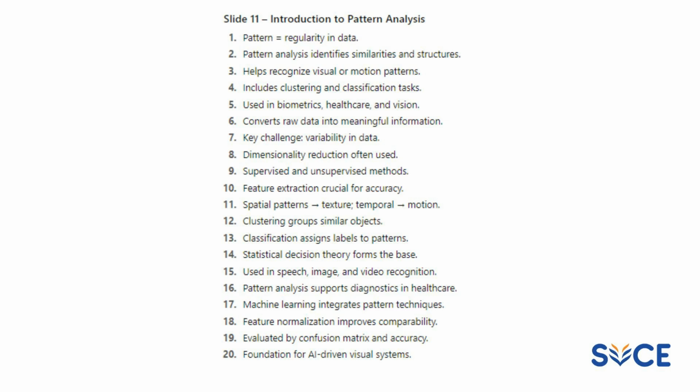It allows the computer to understand, interpret, and respond intelligently to visual, auditory, or even numerical data. So it forms a foundation for artificial intelligence and machine learning applications. To start with the pattern analysis overview, pattern analysis is a systematic study of patterns in data to understand the structures, relationships, and underlying rules.